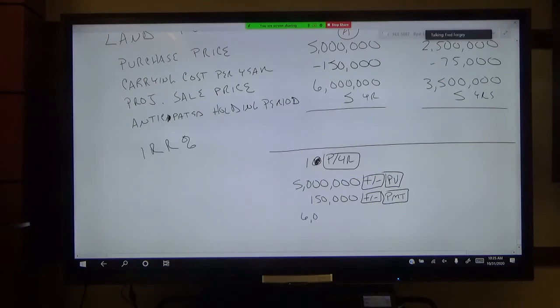The 6 million is going to be a positive future value, and our term is going to be 5 years, and we're going to be solving for the internal rate of return, or in this case, the interest rate. Okay? Now you're going to do the same exact thing for the second parcel.